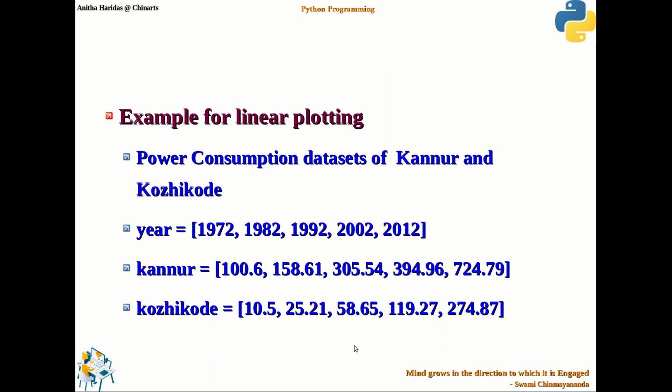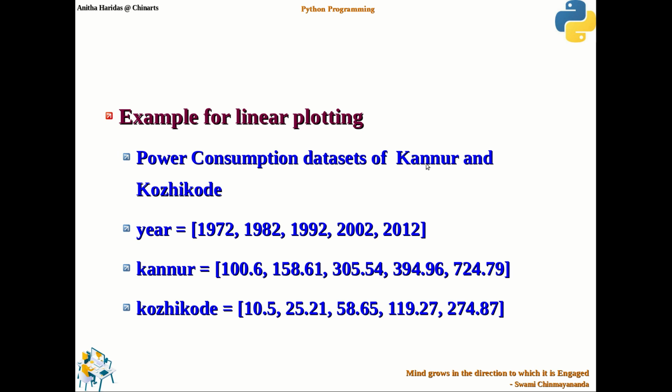Okay, now let us see an interesting example for linear plotting. We are going to use the power consumption data sets of, not Kannur and Kozhikode, I am going to use the power consumption data sets of house 1 and house 2, right? Two houses are there. House 1, please note, it is not Kannur and Kozhikode data.